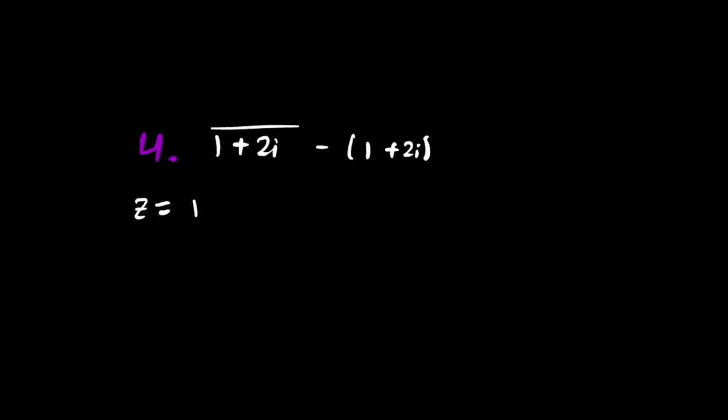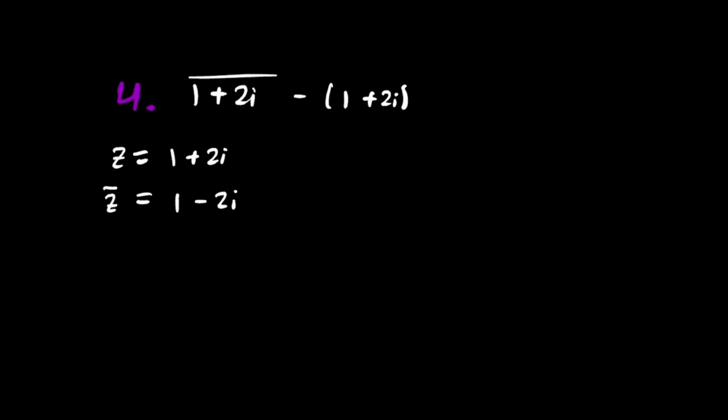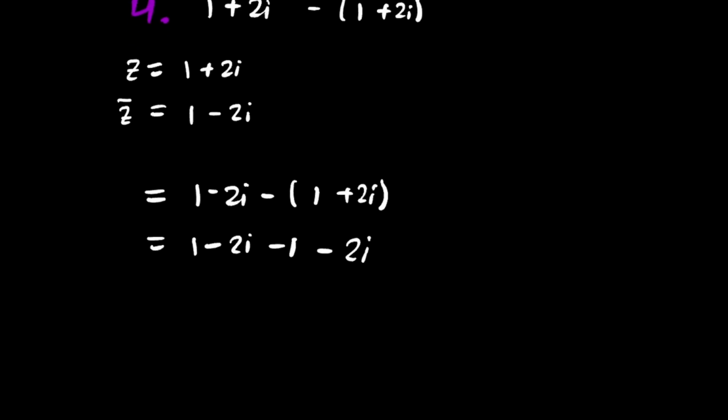We know that 1 plus 2i is our z. So the conjugate of that is going to be 1 minus 2i. So now we're going to replace here: 1 minus 2i minus 1 plus 2i. We're going to do the negative sign now: minus 1 minus 2i. And this is simply going to be minus 4i.